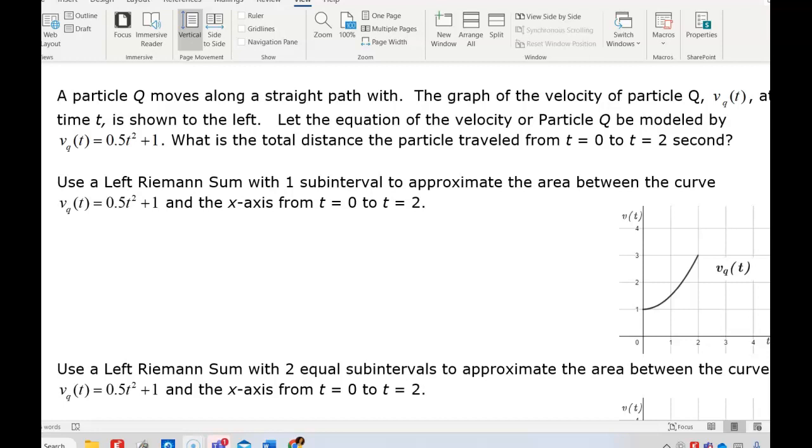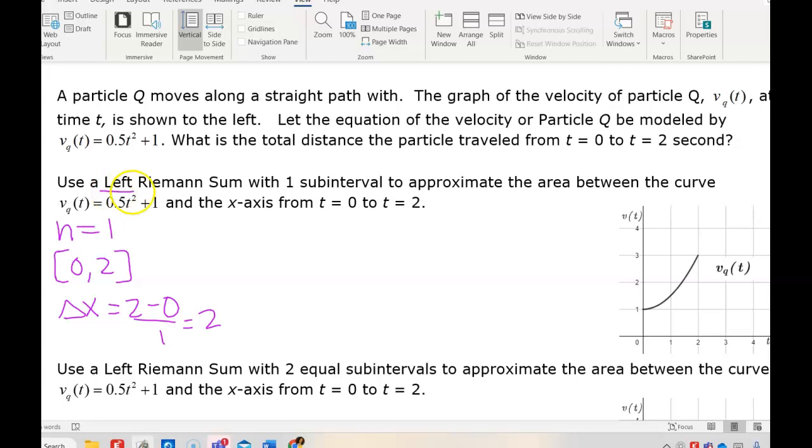So the first one says use a left Riemann sum with one subinterval to approximate the area between the curve and the x-axis. So if you're using one subinterval, n equals 1, my interval is 0 to 2, so that's my a to b. So my delta x is 2 minus 0 over 1, where the width of my rectangle is 2.